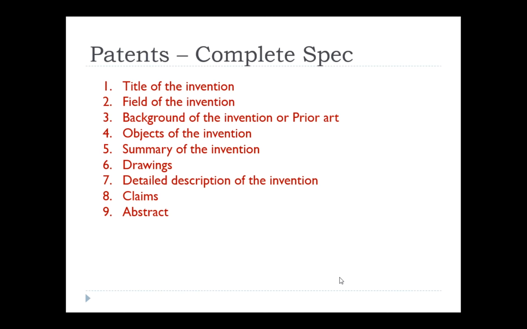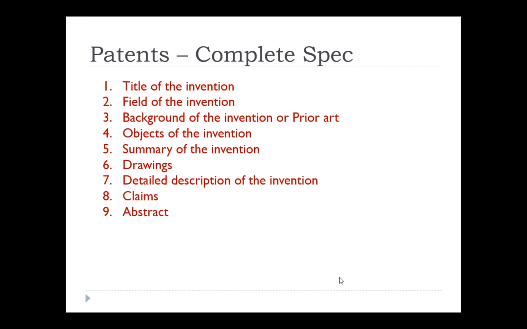So that also you can mention here in background. But in prior art, you need to mention only the related inventions that are existing in various digital forms. If you want, you can use both background of the invention and prior art separately, or you can leave out everything except the prior art, but prior art is mandatory for the complete specification, right?